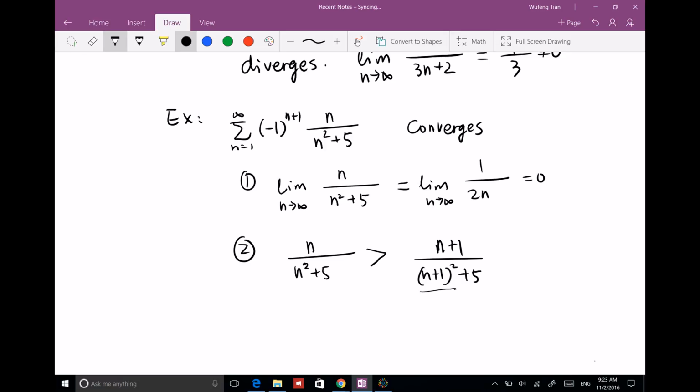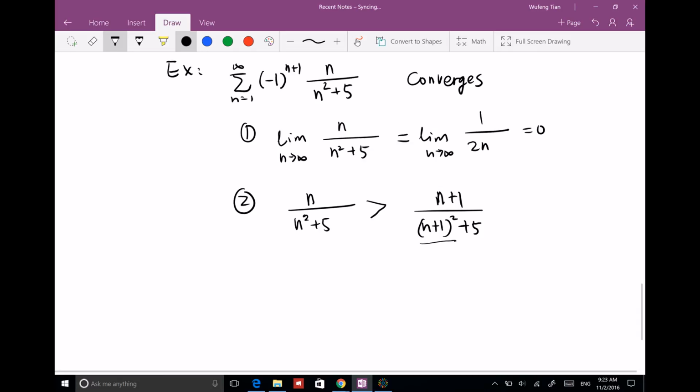It is not always true, at least for the first two. Let's try it and see if it's true or not. For example, if n equals 1, it's 1 over 6. And this is n equals 2. Let me see, 1 plus 1 is 2.